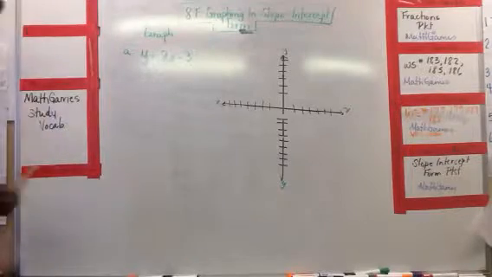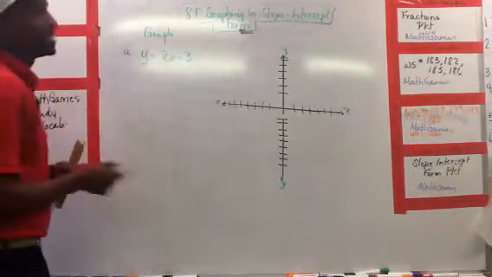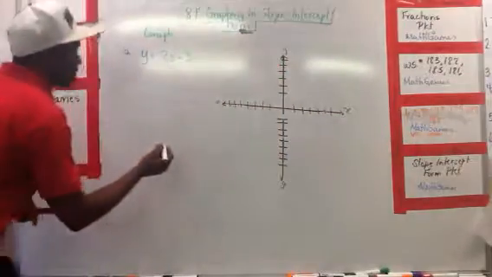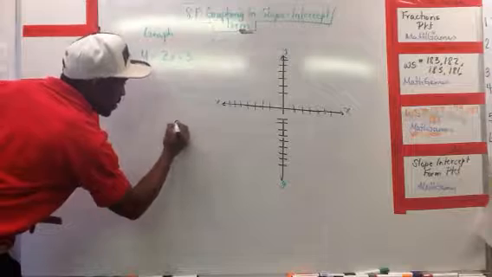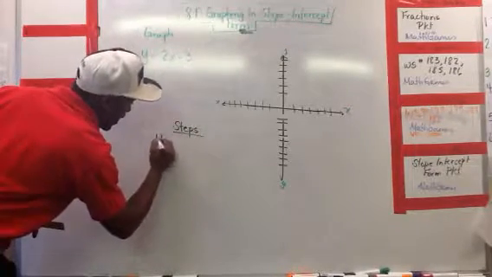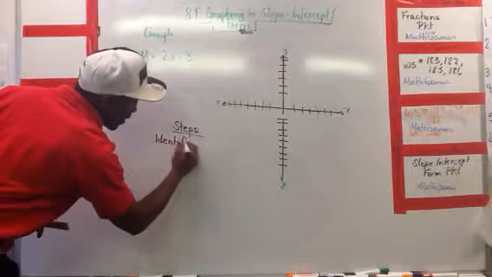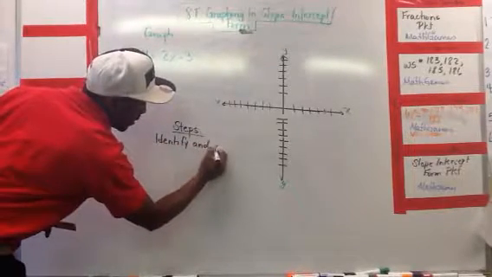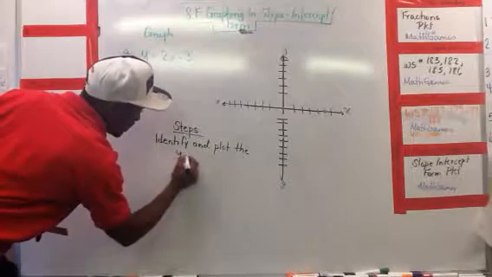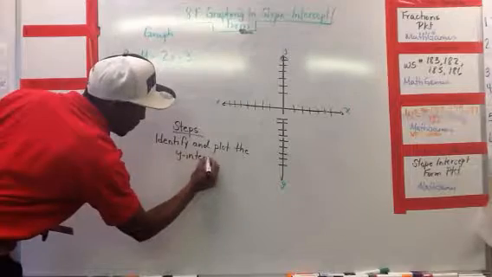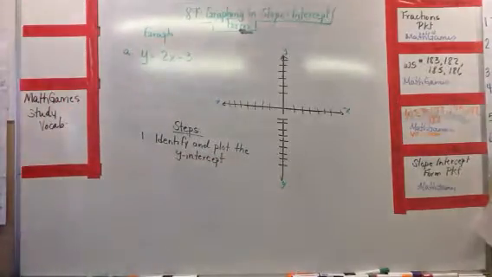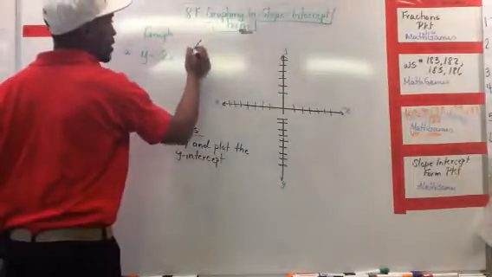Your first step is to identify, we'll put the steps over here. Identify and plot the y-intercept. That's step one. Look at your equation. We know the y-intercept is right here.